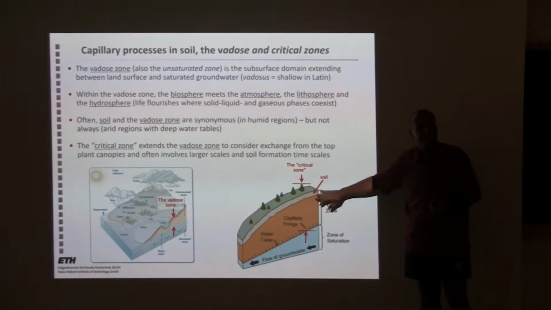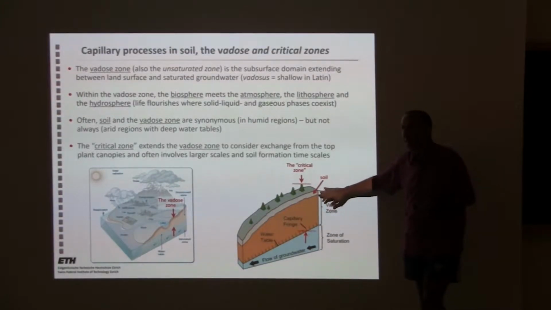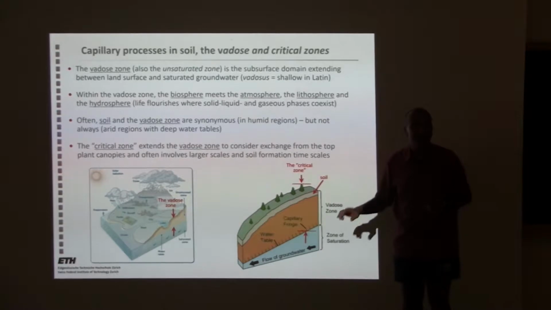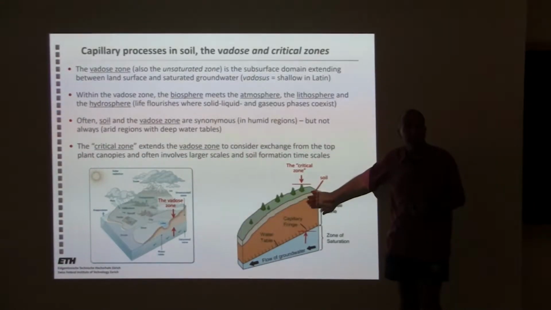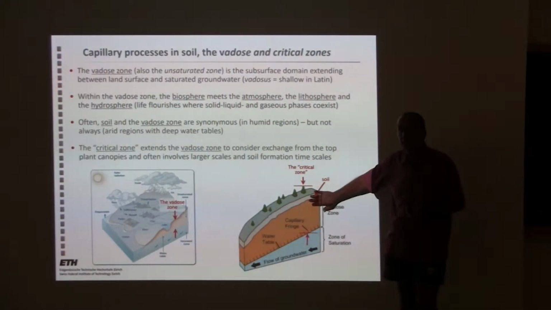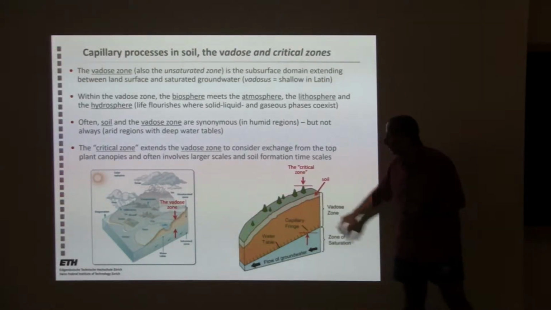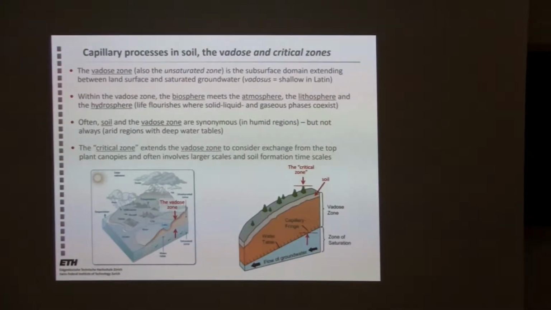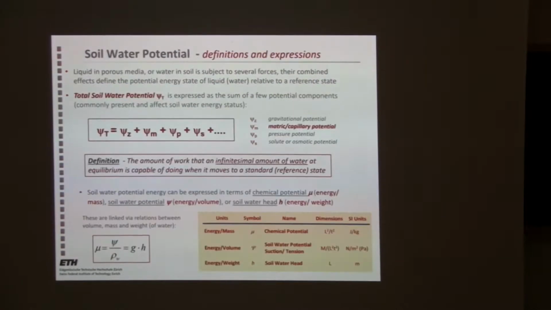All our plants, forests, most of the biomass of the planet, and there is a recent paper that puts it in numbers, is fed and anchored in this near surface Vadose zone or soil. So it is a zone of great importance, so the critical zone term is actually quite appropriate for it.